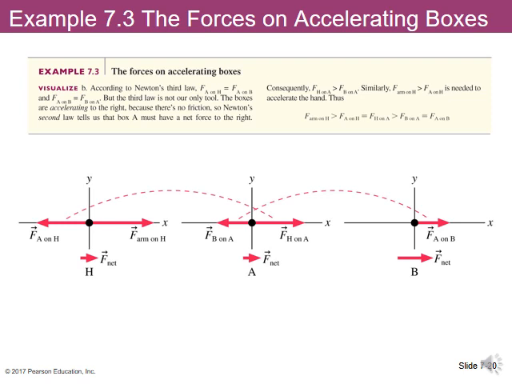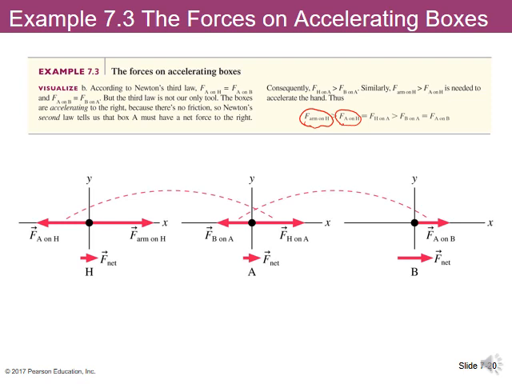Now that we have the free body diagram, let's see if we can try to figure out which forces must be bigger. Well, in this case, to have an acceleration to the right, the force of the arm on the hand must be bigger than the force that A pushes back on the hand. So the force of the arm on the hand is going to be the biggest, right? So it's going to be bigger here than the force that A exerts back on the hand.